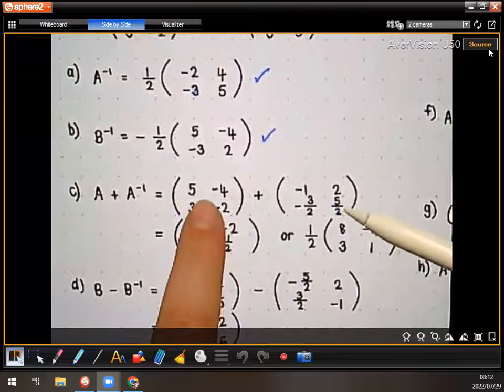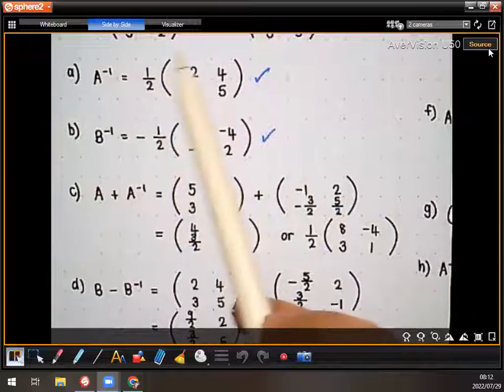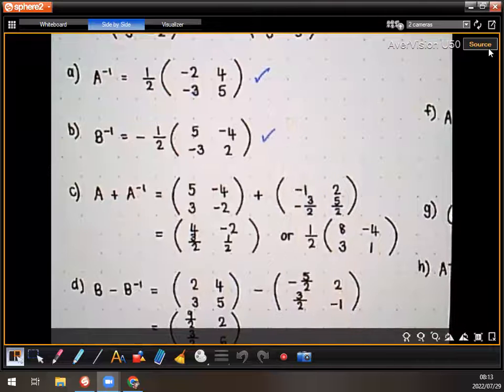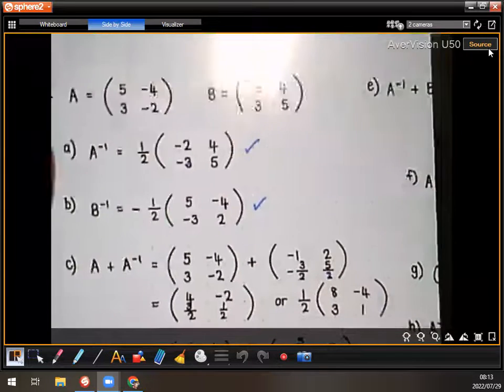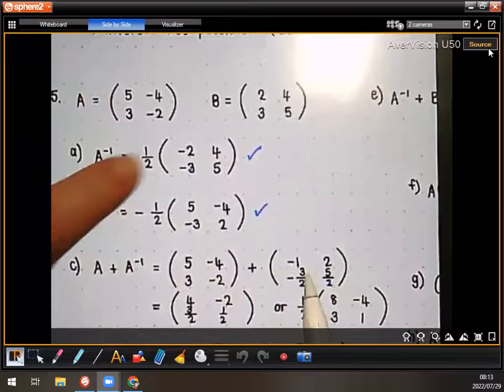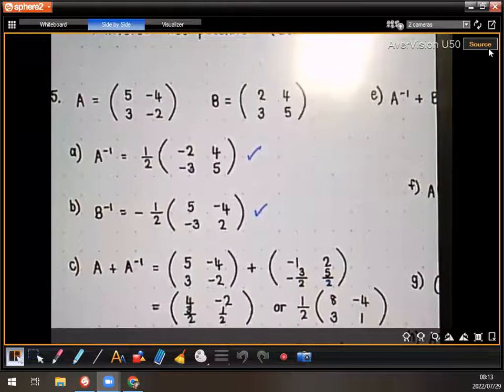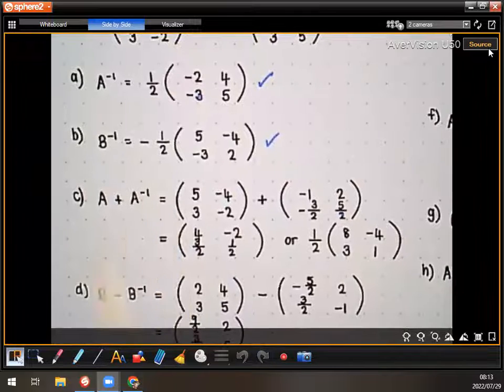So in order to add them together, you can't have a number in front of it; you have to multiply that number. But the A there is 5, and then -4 and 3 and -2, completely different numbers. But they're the same letter. This is A, and this is the inverse of A. It's not the same. Whenever you see that -1, that means the inverse.